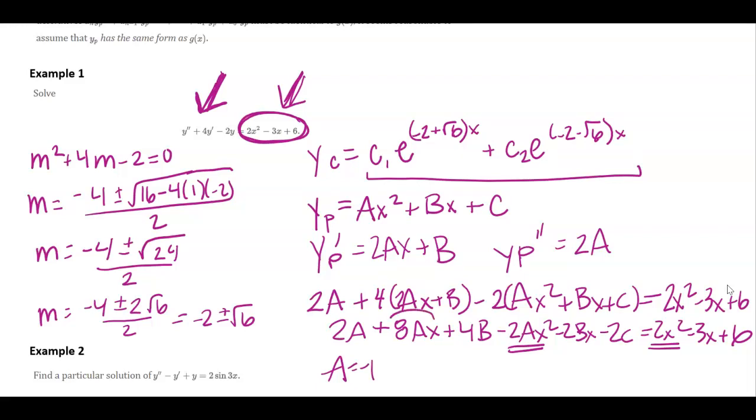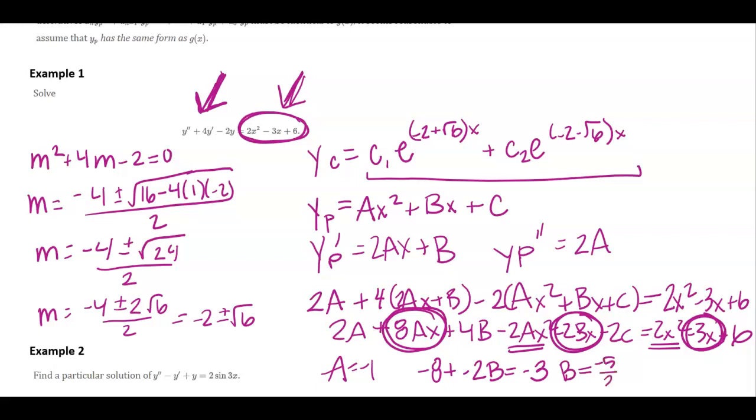Then I can also look at my terms here. So I already know this would be -8 plus -2b must give me -3. So if I add 8 and divide by 2, I get that b must be -5/2.